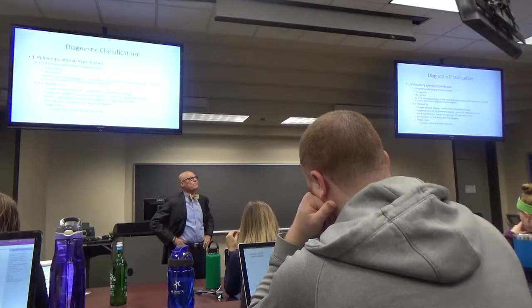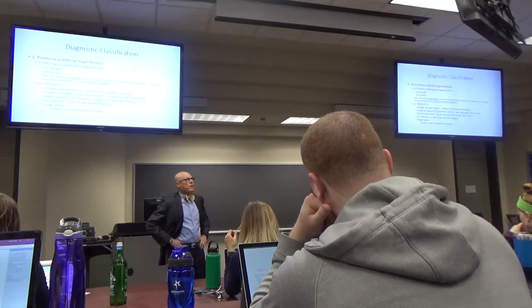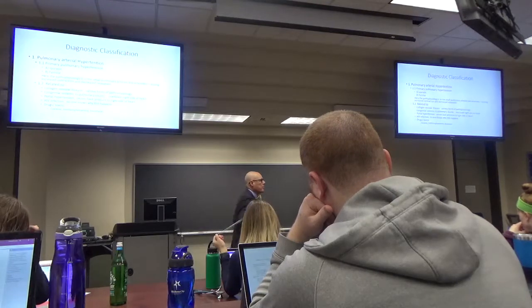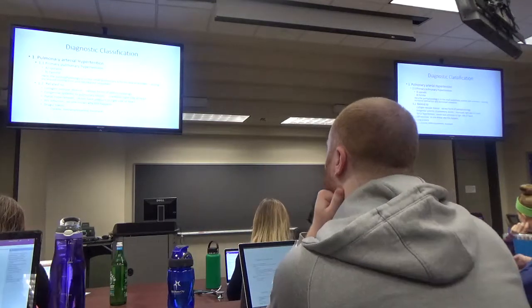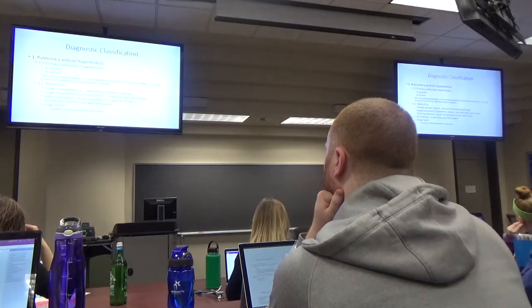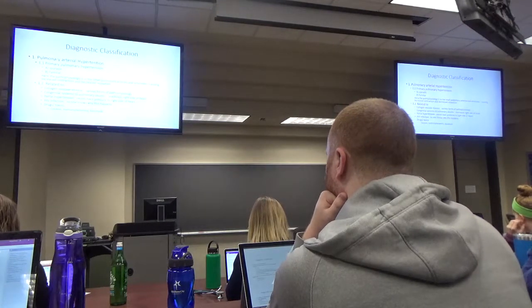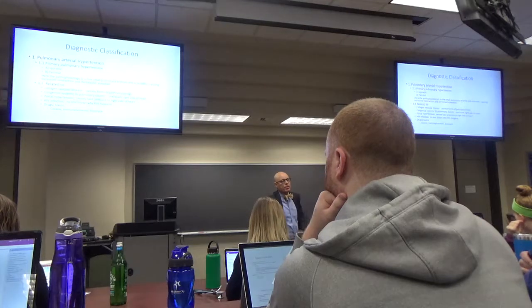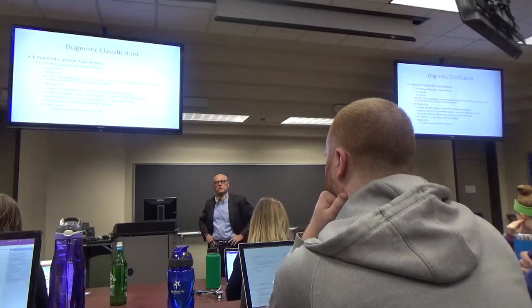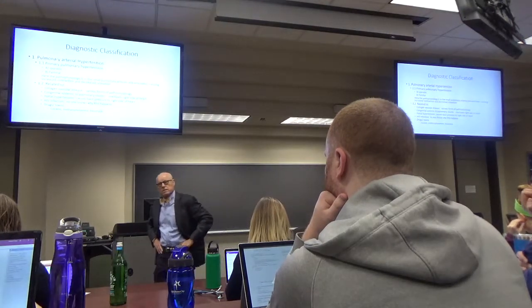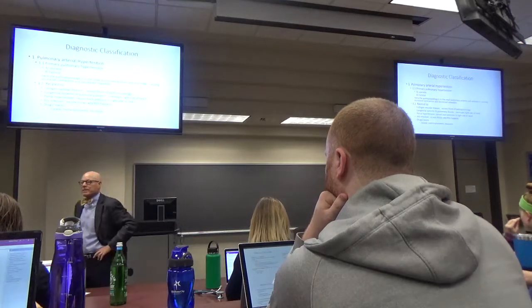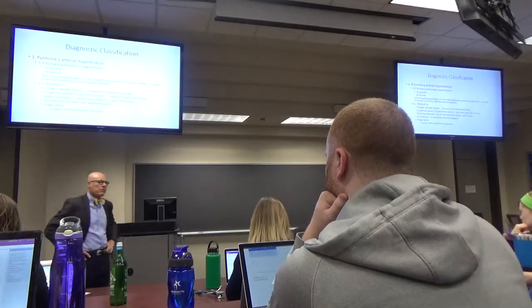Portal hypertension. Remember the portal vein from Gross anatomy? The portal vein is coming out of the hepatobiliary tree. Portal hypertension occurs in liver disease, like chronic hepatitis or alcoholic liver disease.